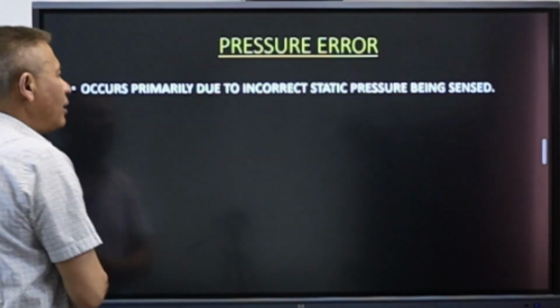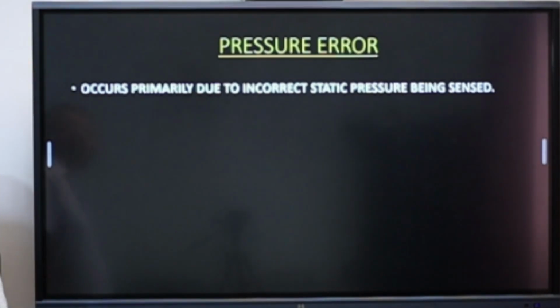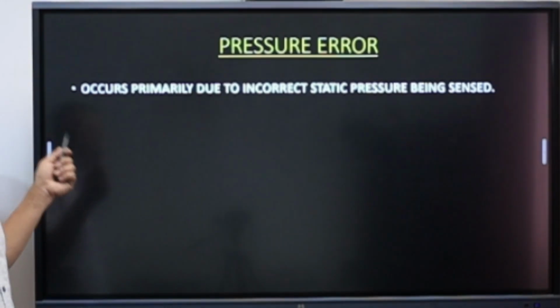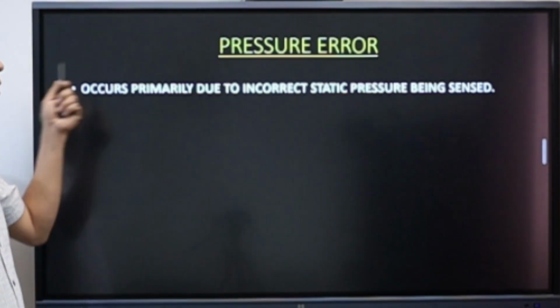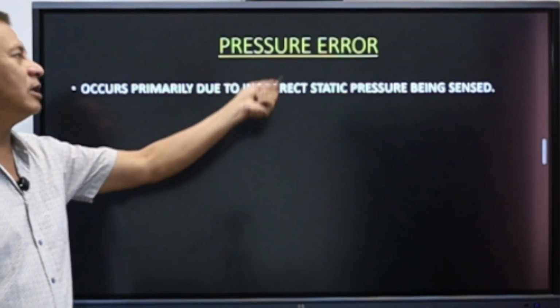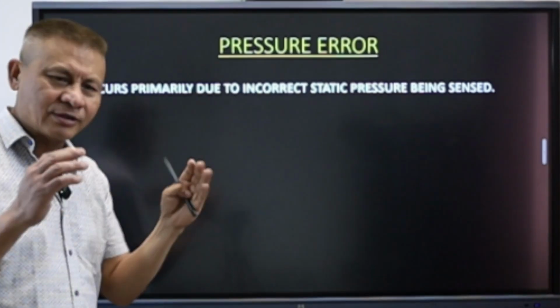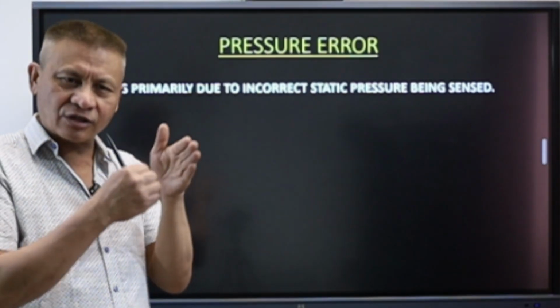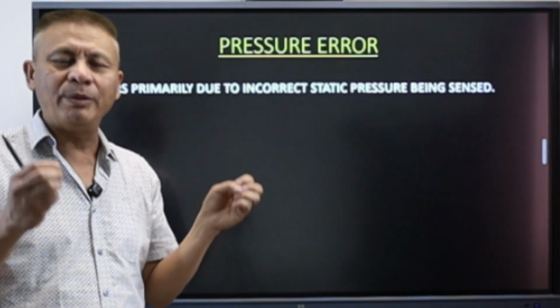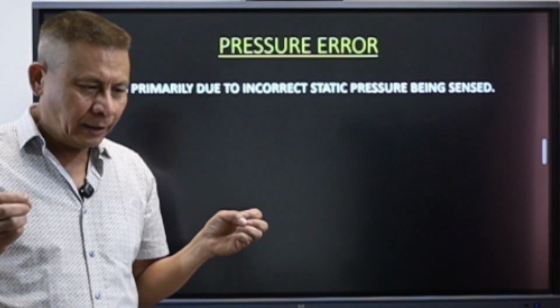Now the next error occurs because of the incorrect positioning of the static vents. If you imagine the static vent at the side of the aircraft, it is supposed to measure only the static pressure.